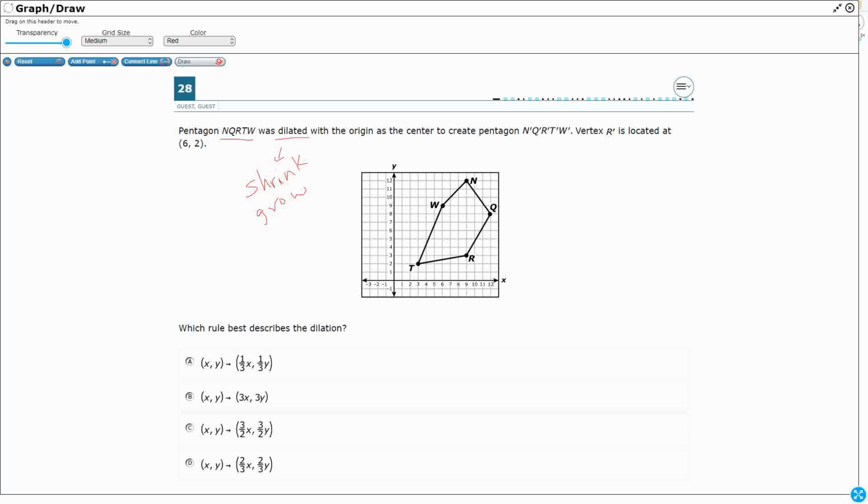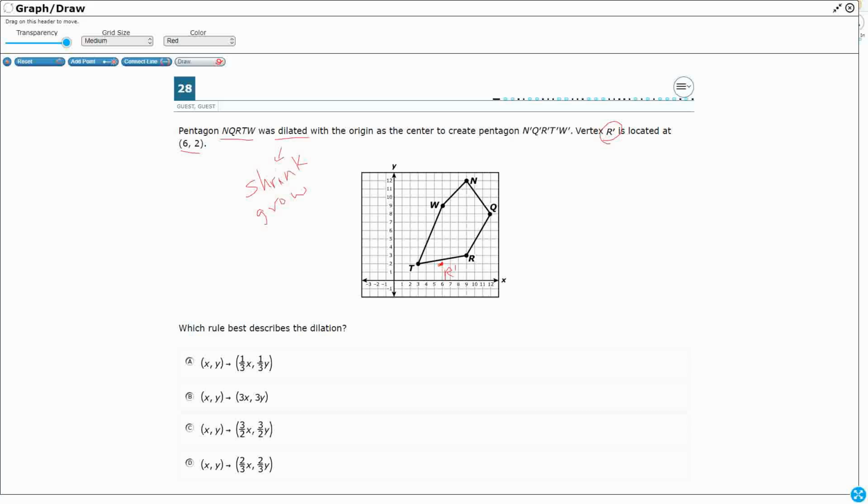So all we know is that vertex R prime is at a new spot. It's at 6, 2. So let's put R prime right here. So that's it. All we get is one extra point, and now we've got to find the rule that best describes the dilation.